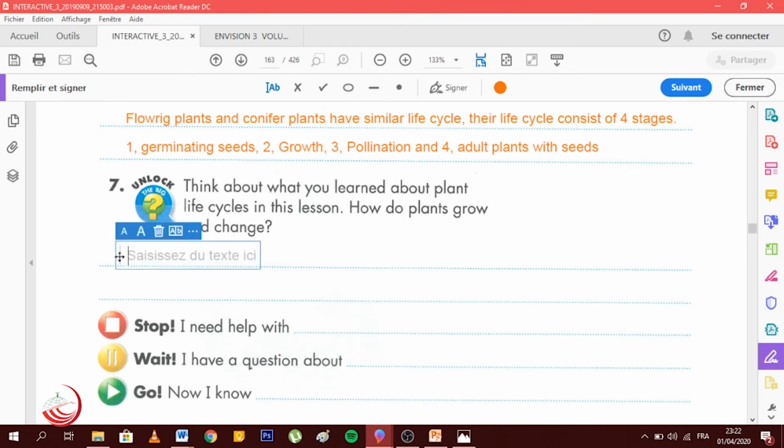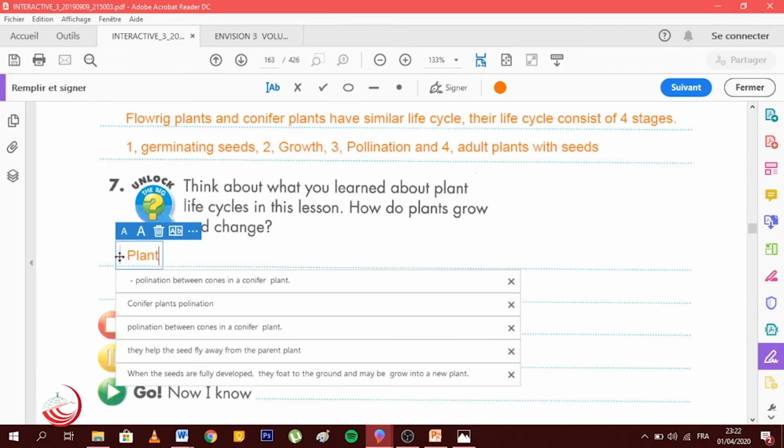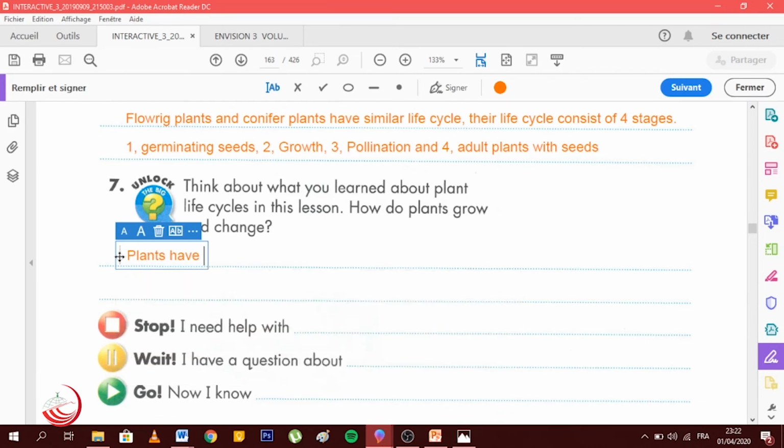Okay, so here we can say that plants have different life cycles.